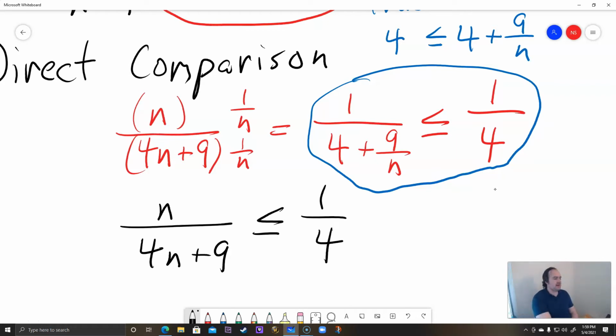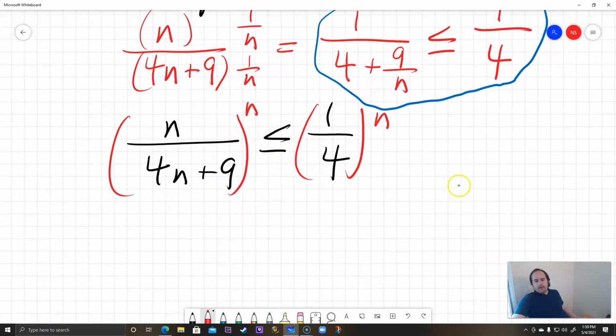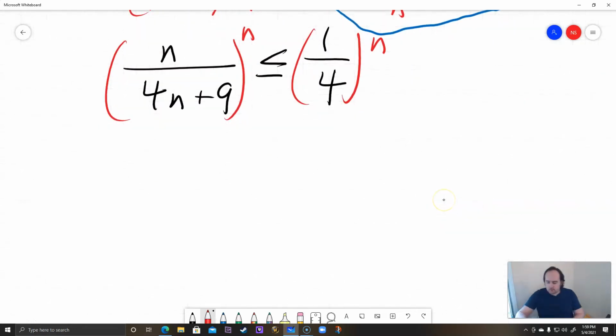Then what we can do with that is raise both sides to the nth power. I'm allowed to do that to both sides of the inequality, and the inequality is still going to be true.